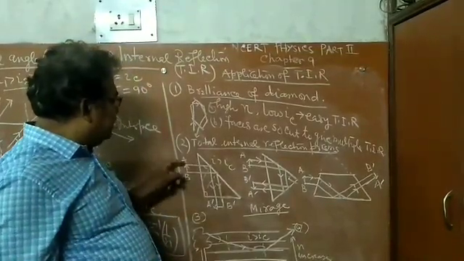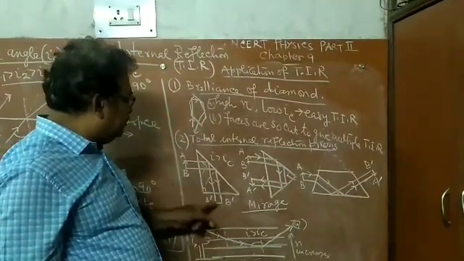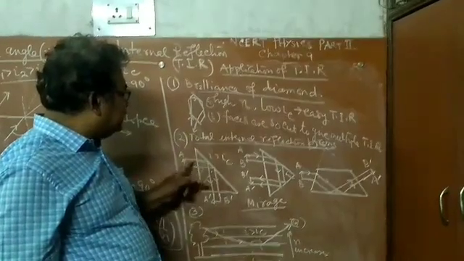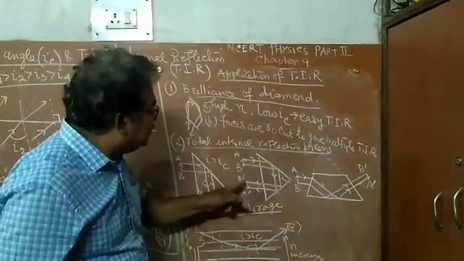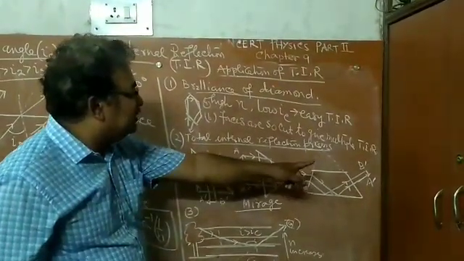So if AB is the object and the prism is placed like this, then it will form an image like this. That means it is 90 degree inverted. Similarly, in this orientation it is 180 degree inverted, and this is laterally shifted.